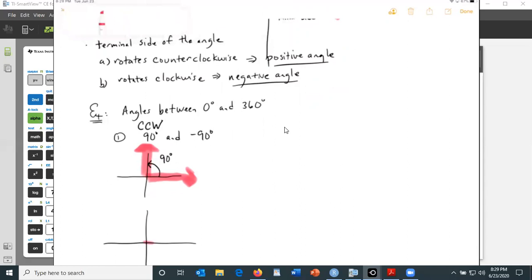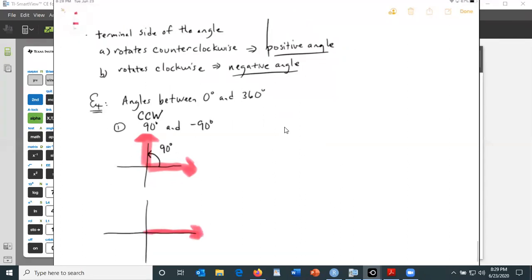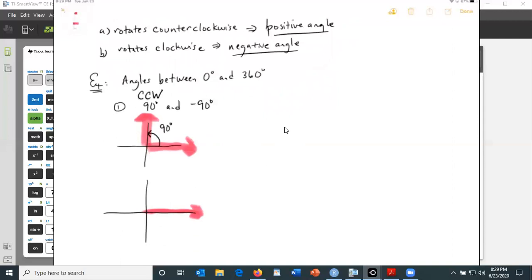If I want to graph negative 90, I still put the initial side to the right. You'll always have one side to the right there. But because negative 90 is negative, we're going to rotate clockwise, CW.